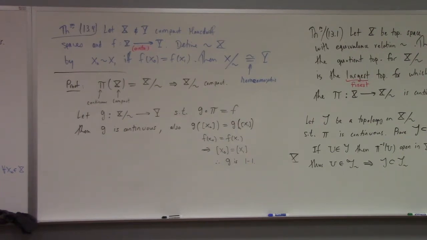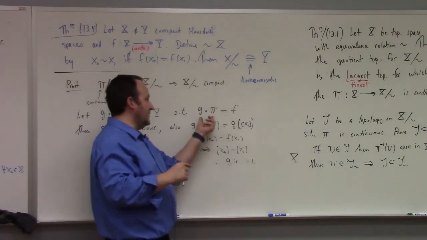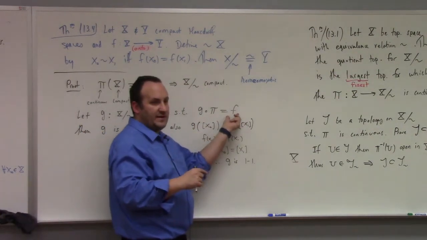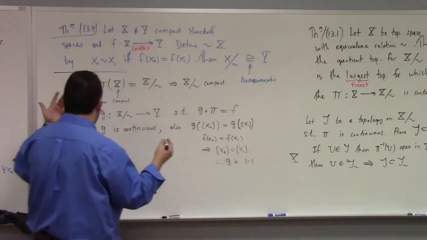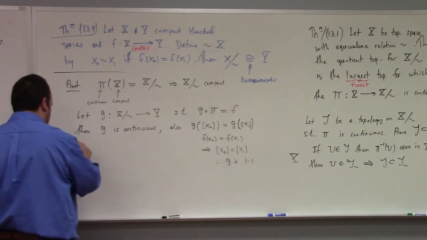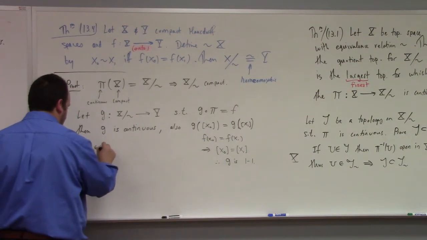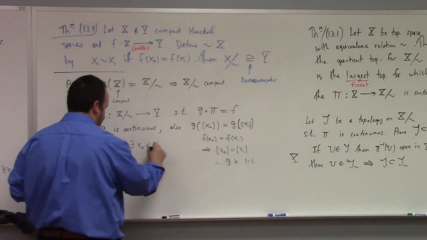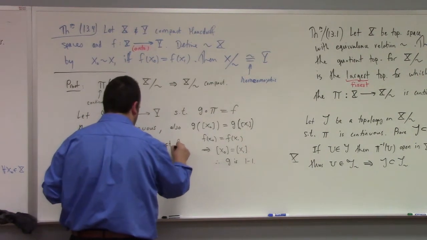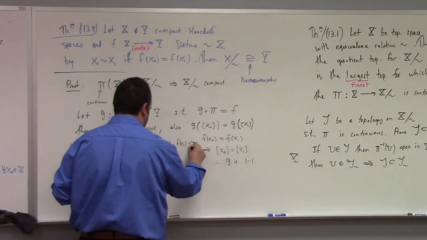Because, well, how do I know G is onto? Right, if F is onto, you know, here, if you don't believe me, you prove it, right? So let Y naught be in Y, then there exists X naught in X such that F of X naught equals Y naught.